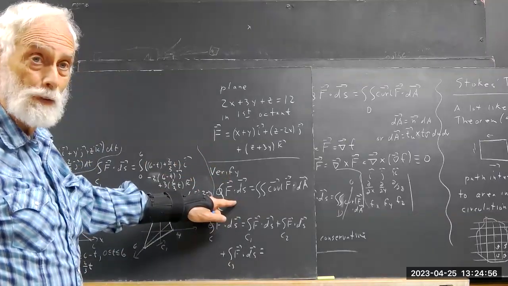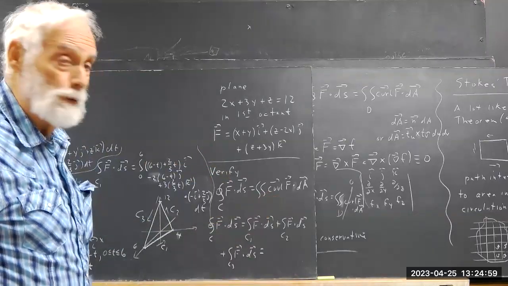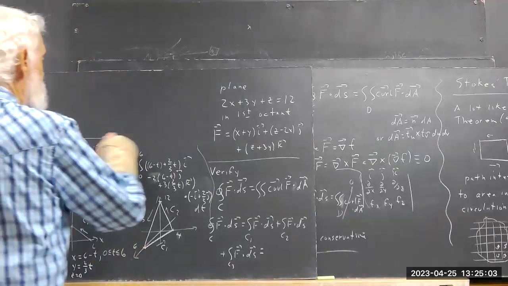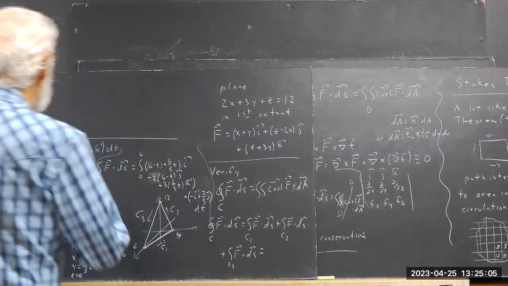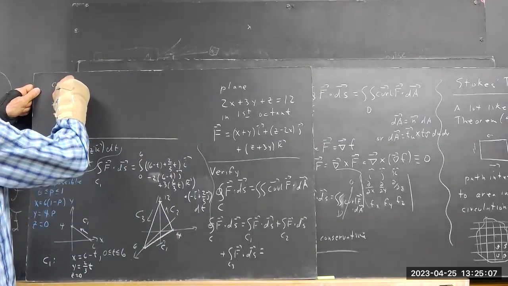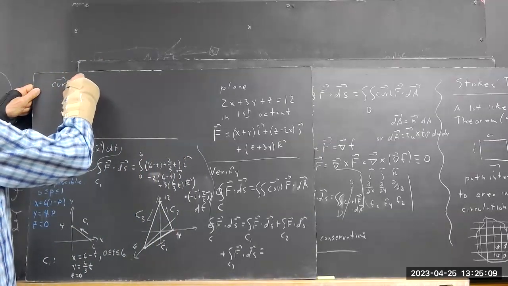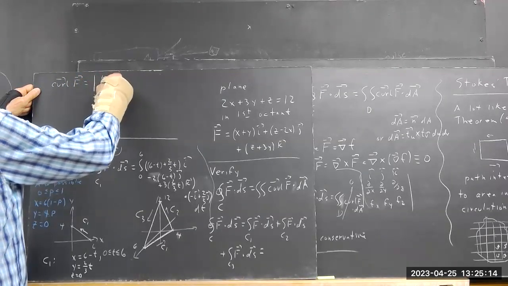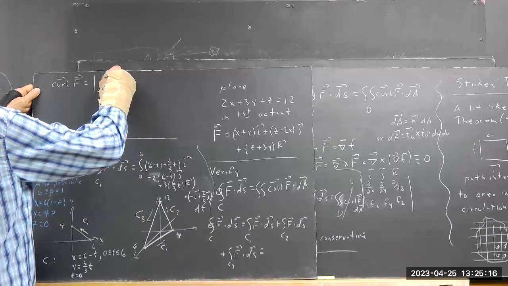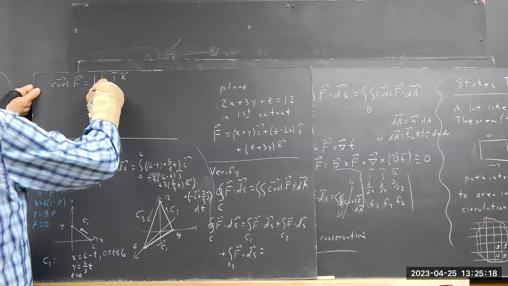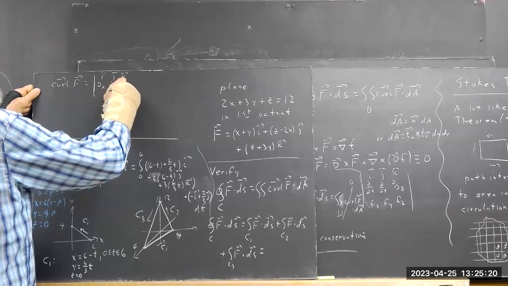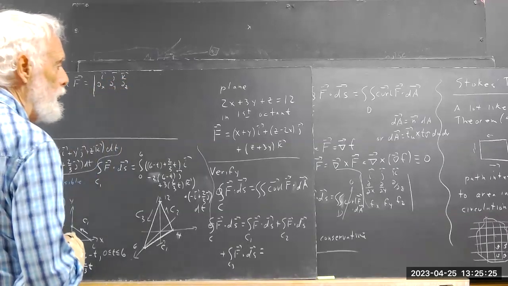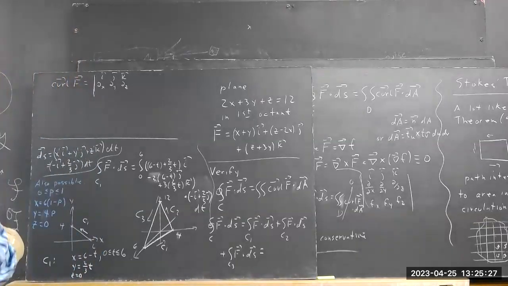I'm not going to finish the verification yet. We're going to do the curl, del cross F. I'll use the determinant, with a little abbreviation for the partial with respect to x, partial with respect to y, partial with respect to z.